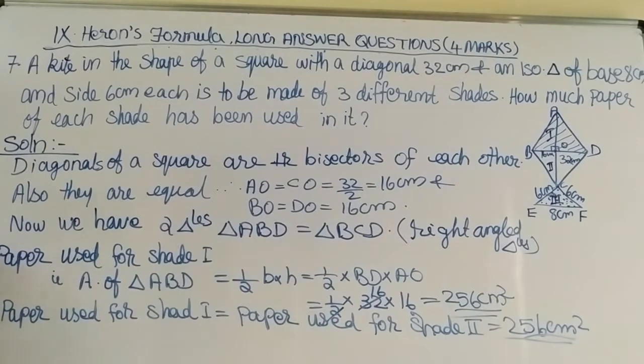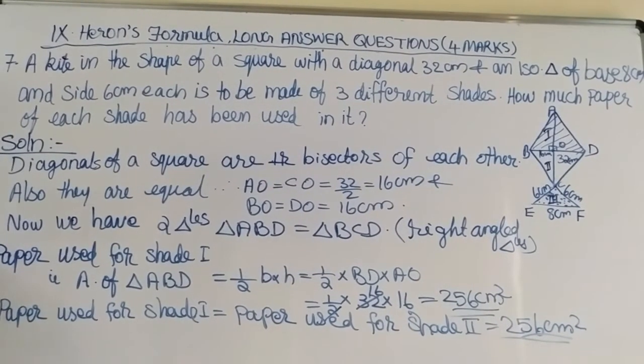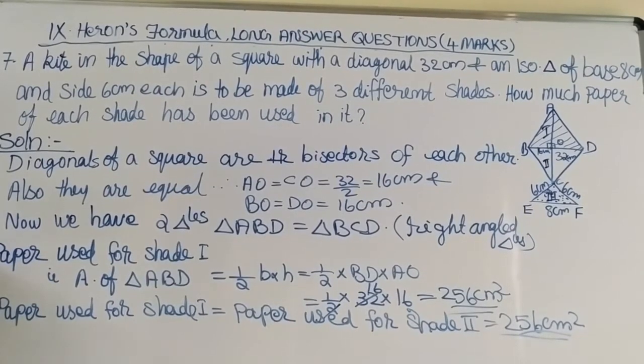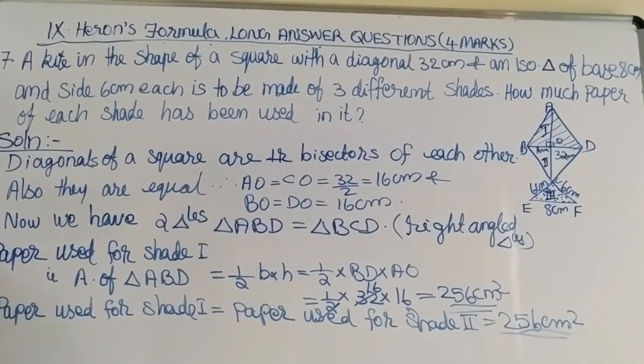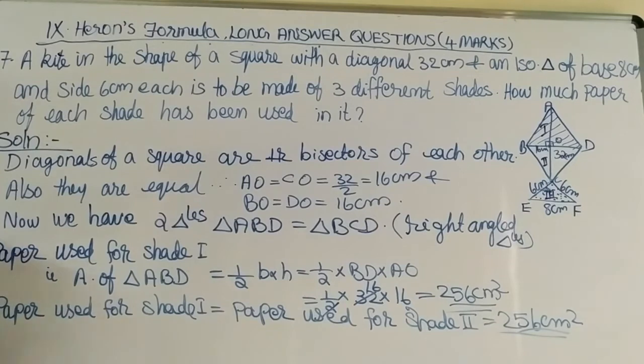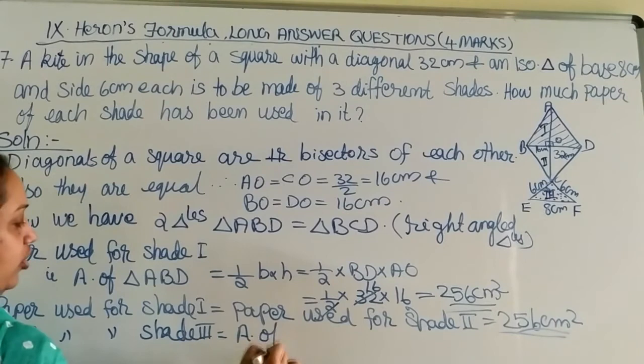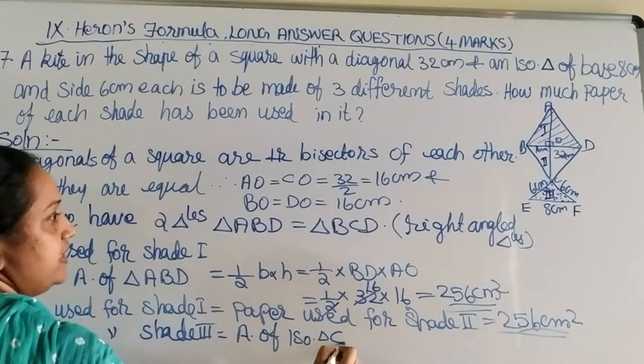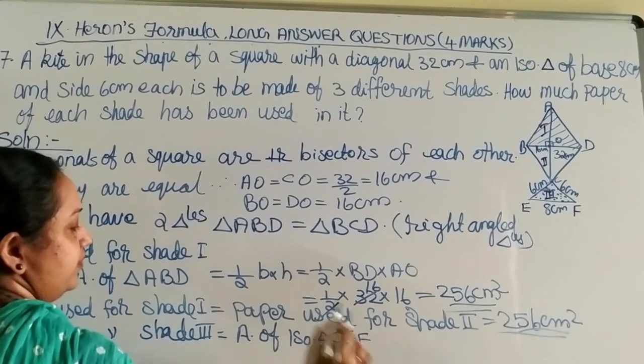Now we have to find the paper used for shade 3, that is the area of isosceles triangle CEF.